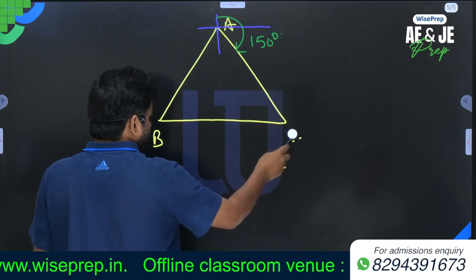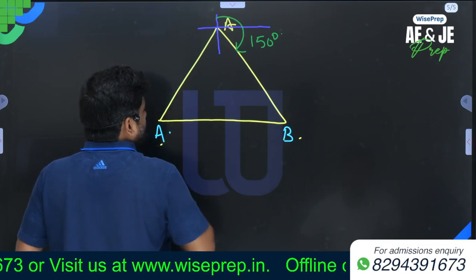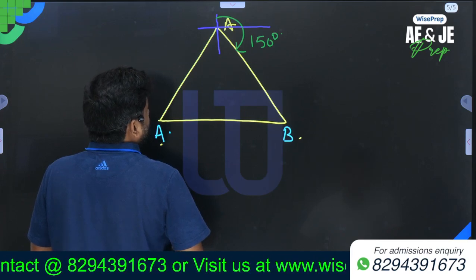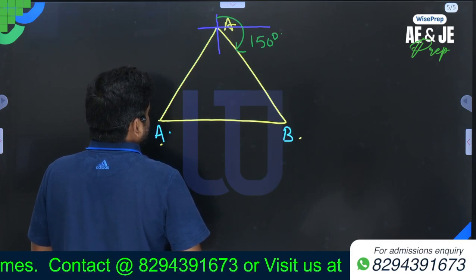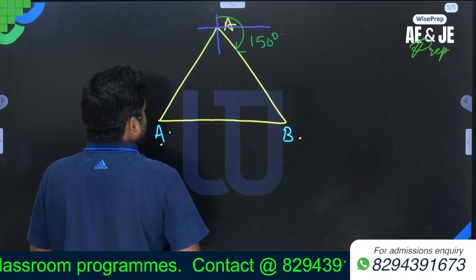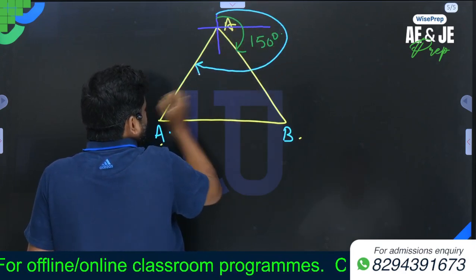So we have to find bearing of AC. All right. How we will do? Bearing of AB is given, you have to find bearing of AC. So obviously, this is how we have to find.